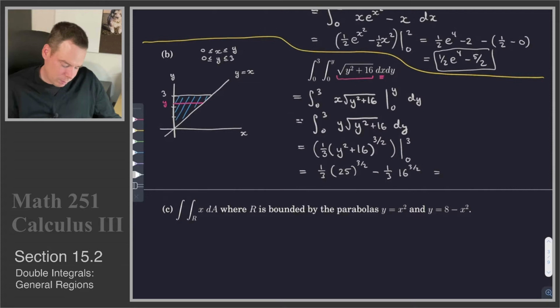And 3/2 as a power means it's just a square root followed by a cube, so we've got a 1/3, and then 25 to the 3/2 means the square root of 25 is 5, and then cubed, 5 cubed is 5 times 5 is 25, times another 5 is 125, minus 16 to the 3/2, which is 4 cubed, or 64. And so we get a final result of 61/3. So there's our final answer.